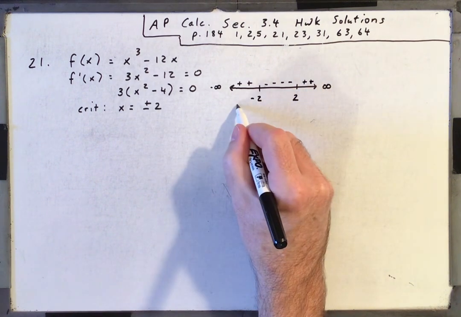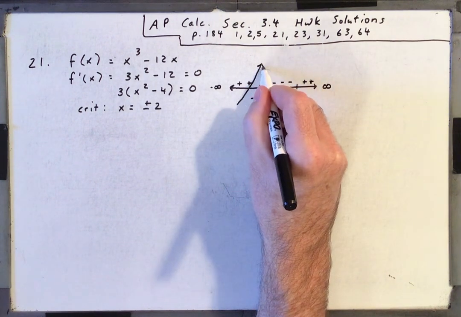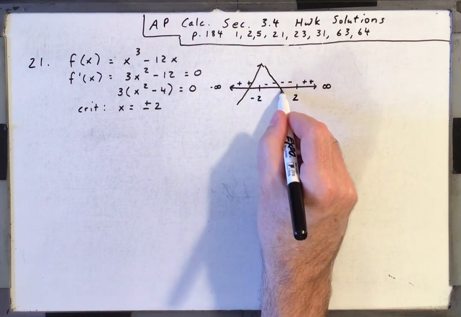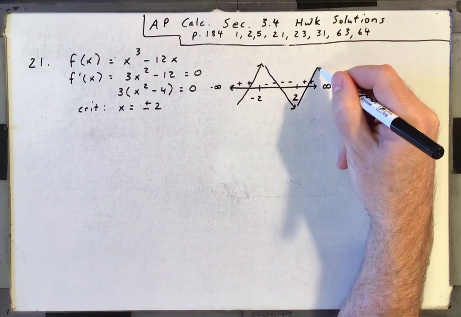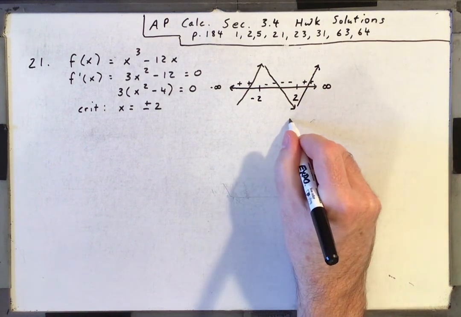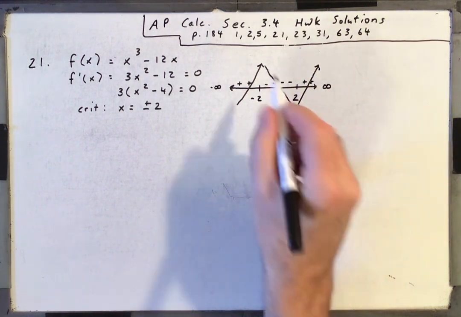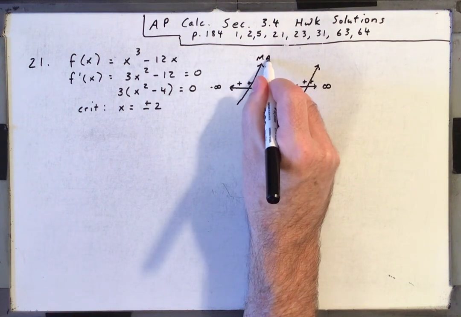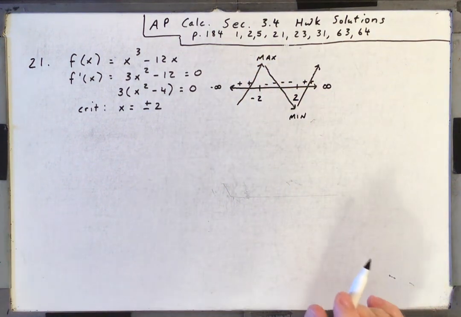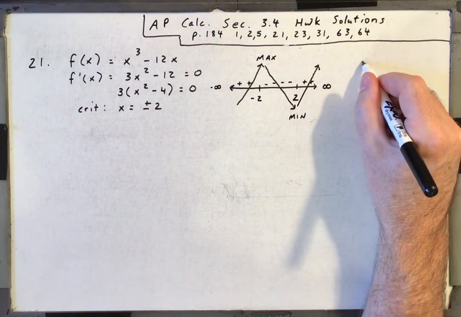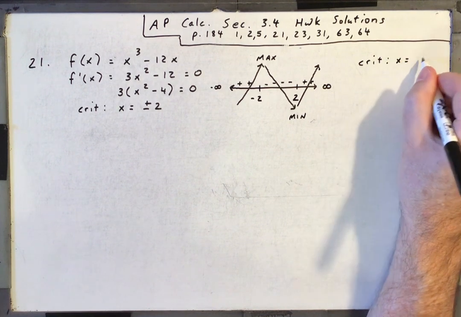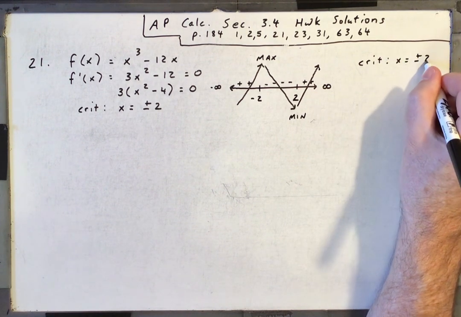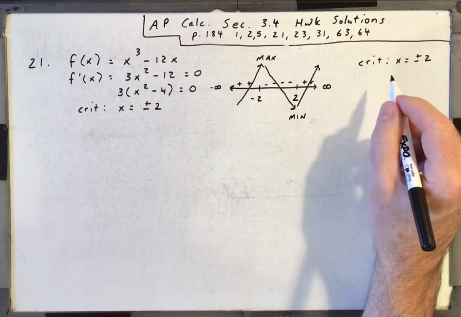So we are increasing, then decreasing, and then increasing again. So we would have a minimum at 2 and a maximum at negative 2. Let's go ahead and start listing our information. We have critical points at x equals plus or minus 2. Make sure to put the x there.